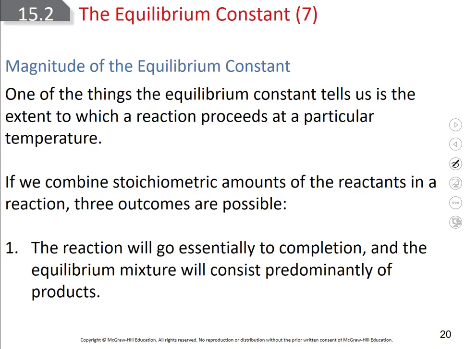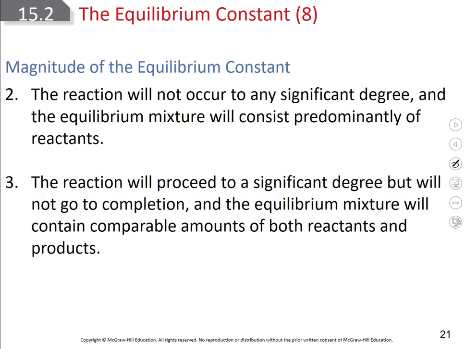So there are three possibilities when you are reaching equilibrium as far as what our concentrations of reactants and products look like. And these are all on page 671. The first possibility is the reaction will essentially go to completion and your reaction mixture will be mostly products, with very little reactants at the end of the reaction. The second possibility is the reaction won't occur forward very much at all, and when you hit equilibrium, you're still mostly reactant with very little product.